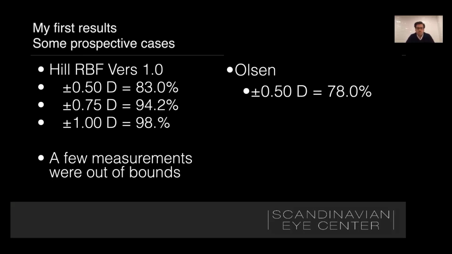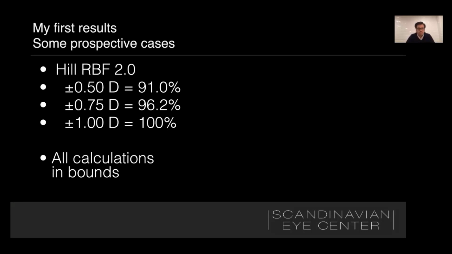With the Olsen formula, we hit 78%. And then when we went to the version 2, we were over 90% within 0.5 of a diopter, which was actually the main thing that drove me towards using this formula as my main formula. And that's how it is today.